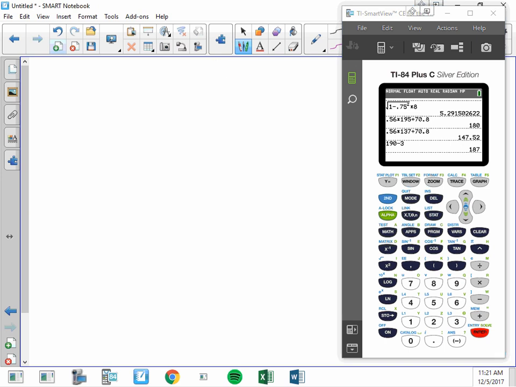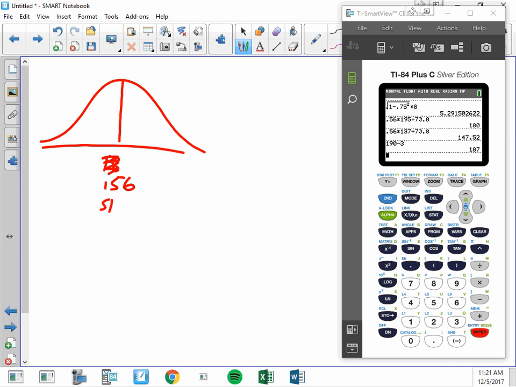Number 23 says, what percentage of women have a wingspan over 160? Okay, so we look at the normal curve, and wingspan is 158 with an SD of 6. We want to know what percentage of women have a wingspan over 160. So that's to the right, and we want to find this area here. That's 160. So 160 minus 158 is 2.